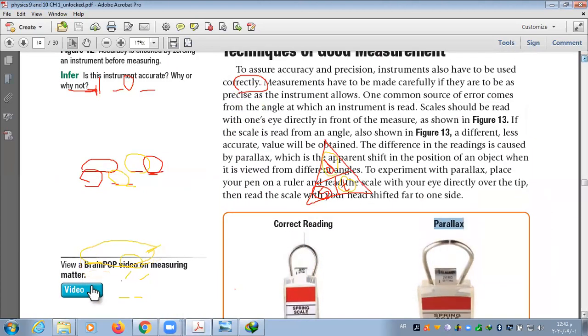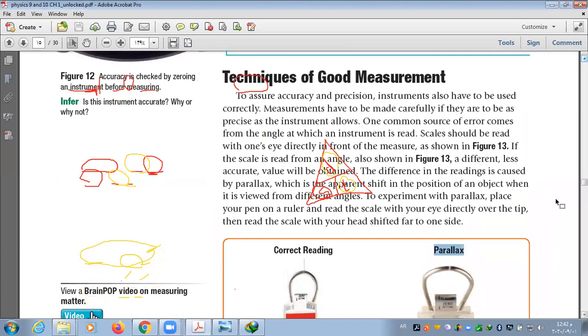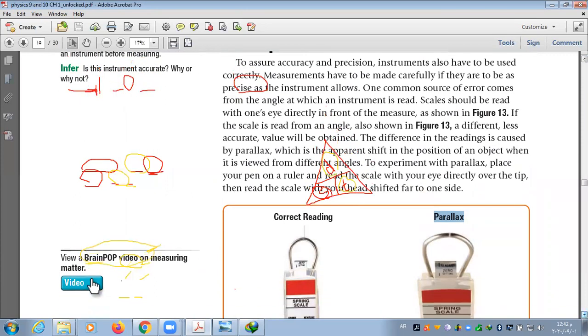It's like when you look at it in one way, it's like 150, but when you look at it from above, maybe it's more, because it's a different angle you look at it. Yes, excellent. If you have a shift in your sight from the angle you are directing your eyes to something, you cannot read it in a good way. That's what we call parallax.